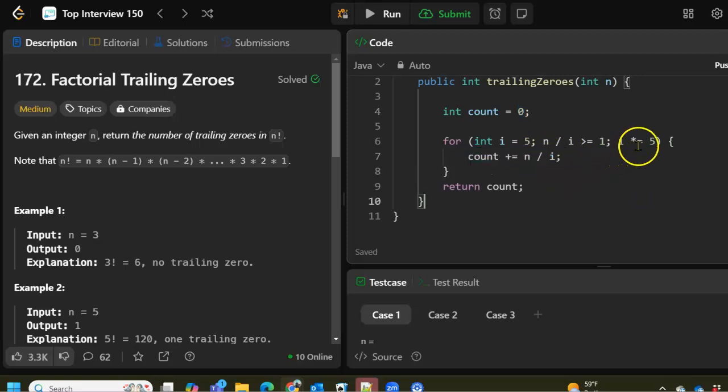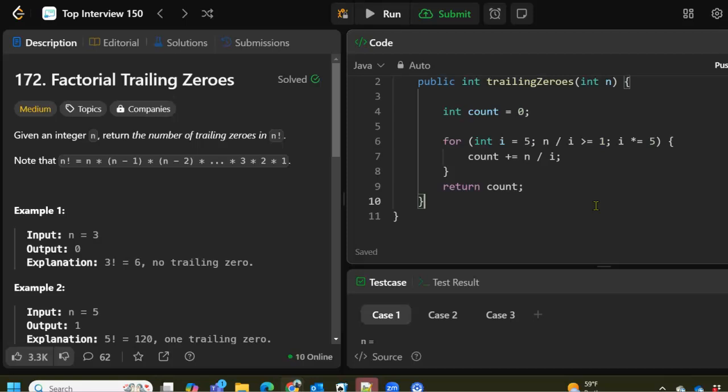Now, the next time through the loop, we are going to multiply i times 5. That means the second time through the loop, i is going to be 25. And then we'll divide n by 25 to see if we have any additional powers of 5, and we'll add those.